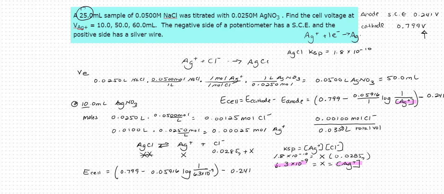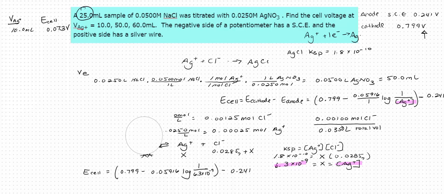In fact, I would probably have a chart up here: volume of silver, E of the cell. So at 10 milliliters of silver, the E of the cell is 0.073 volts. Yeah, that's a good amount of sig figs. So that's how you would calculate that here.